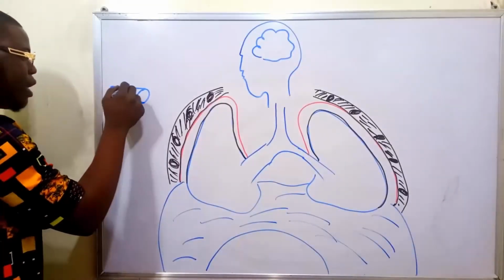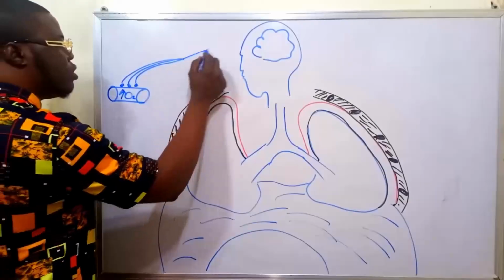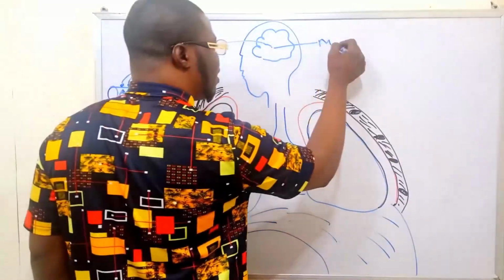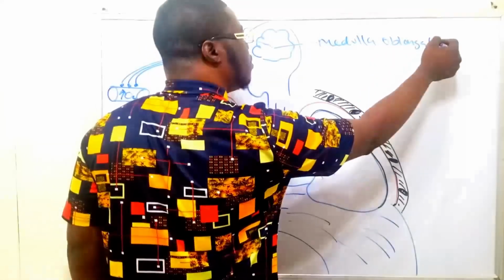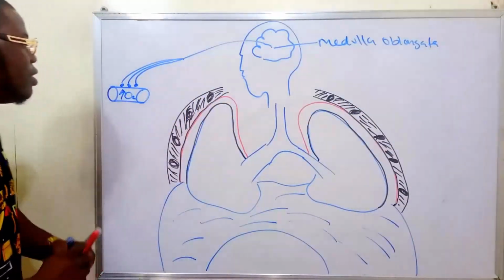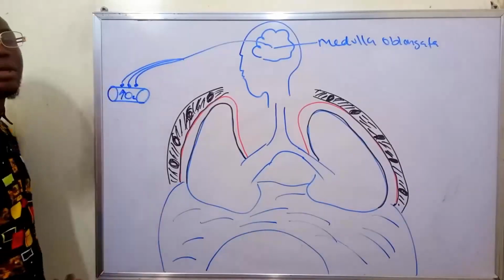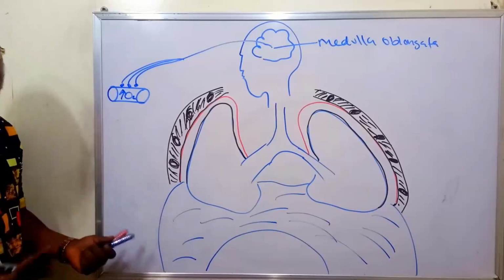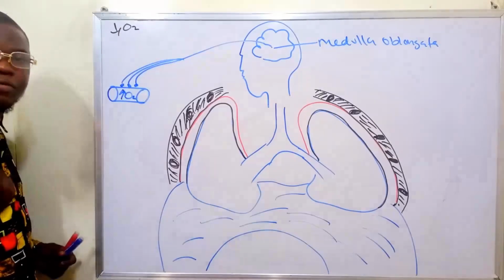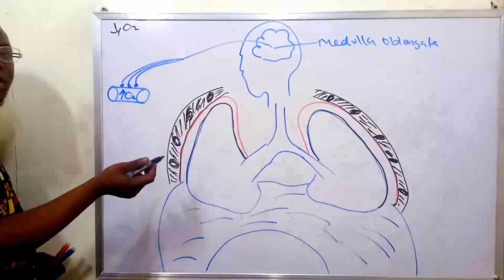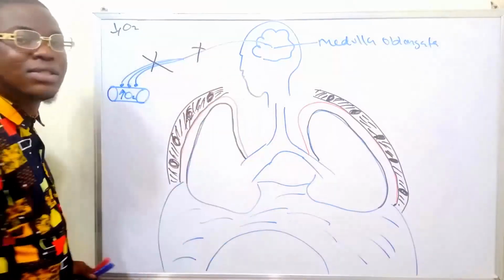And we said we have some chemoreceptors that are meant to take impulse to this place, which is the medulla oblongata. But because there is an increase in oxygen level, these chemoreceptors will not detect any change. What they detect normally is reduction in oxygen from the inspiratory phase. But here we have an increase in oxygen level, so they won't detect it. So there will be no transmission of impulse.